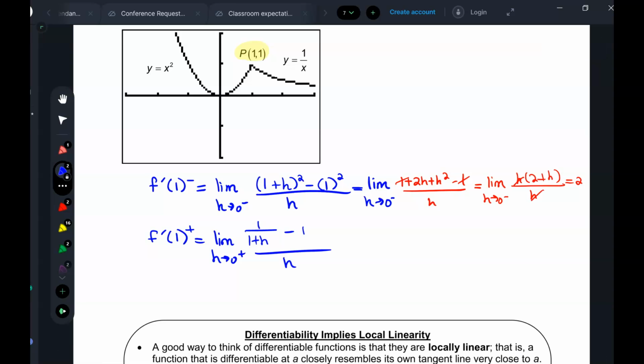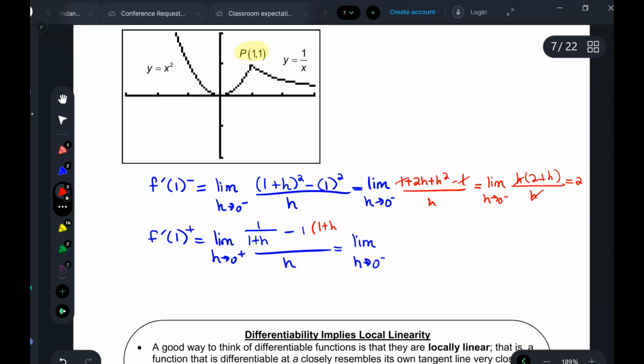Okay, how do we simplify? Common denominator, so we can multiply by 1 plus h. And then what do we have?